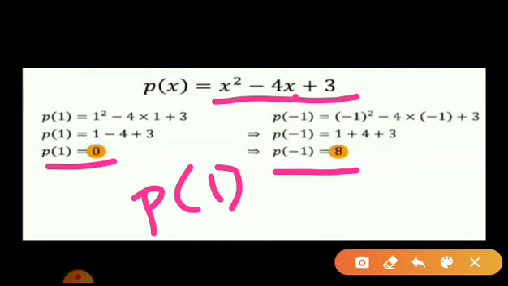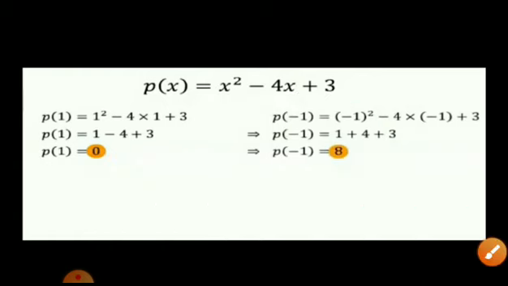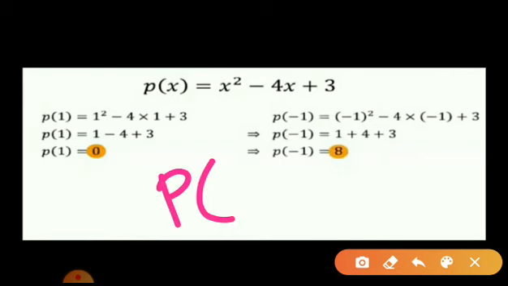Okay? Do you remember when x equal to k will be a zero of the polynomial p of x? Yes, what was it? If p of k is equal to 0, then I can say that x equal to k is the zero or root of the given polynomial.